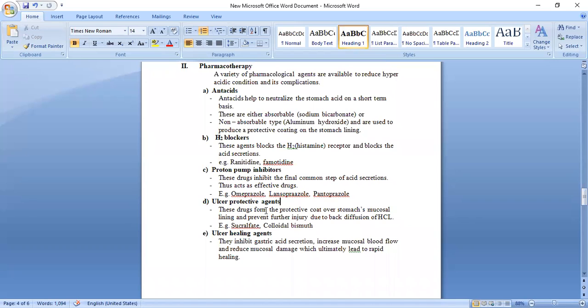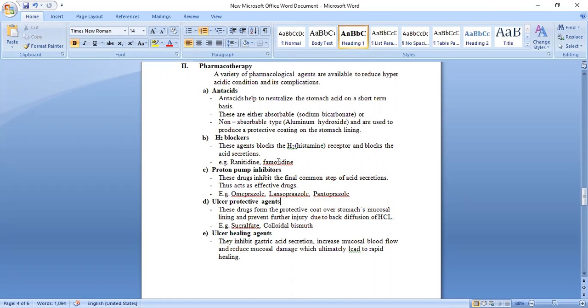Now the next one, that is the ulcer protective agents. Ulcer protective agents, they will coat, they are not absorbed. The drug will do a protective coating over the mucosal area, and that's why it prevents injury from the back diffusion. If any effusion is there, they will block.